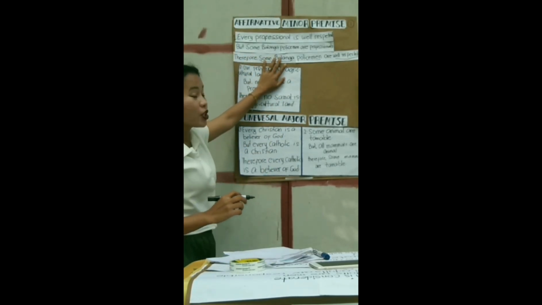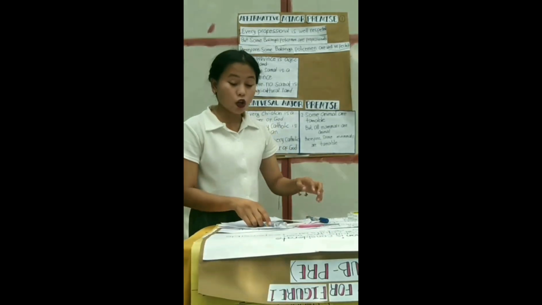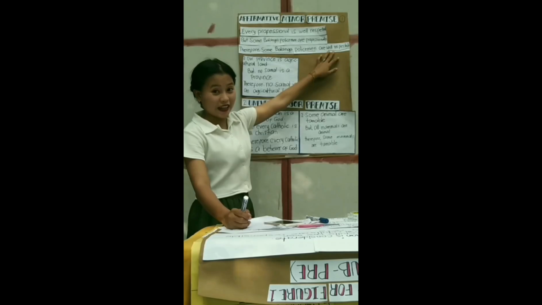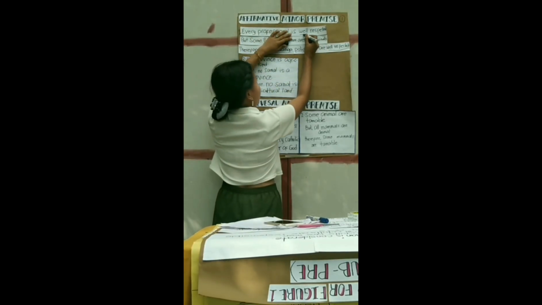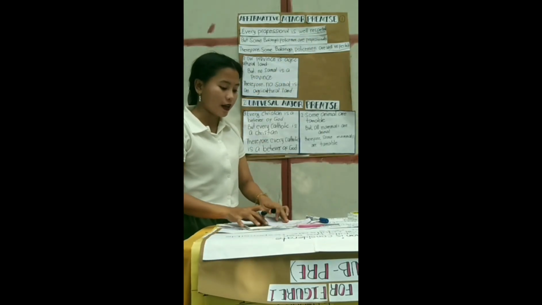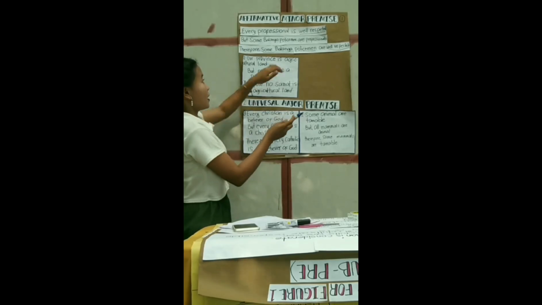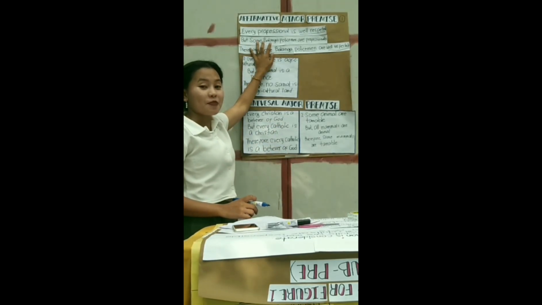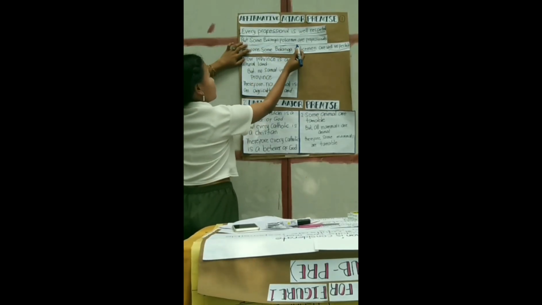So, ito yung subject natin, ito yung predicate natin. Di ba yung predicate natin is makikita sa first premises natin. And ang subject natin is makikita sa second premises natin, which is ito siya.